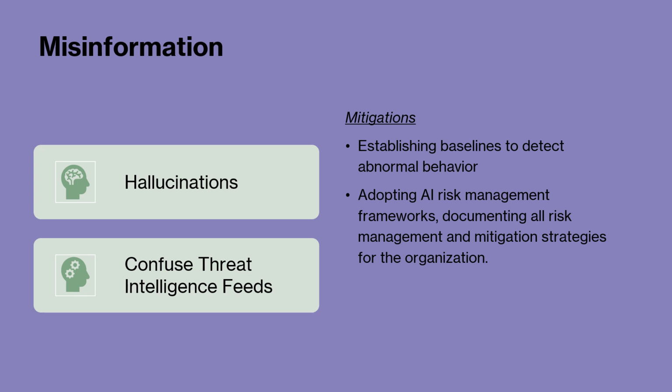So it might say, hey, I think that this is virus whatever, and what it ends up being is really nothing. It's no issue at all. So it may be what we call hallucinating.